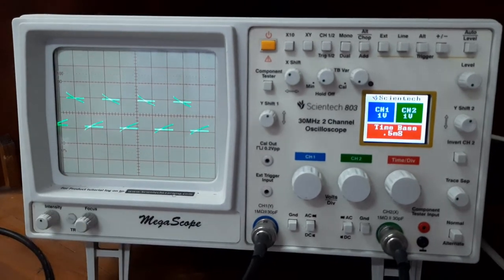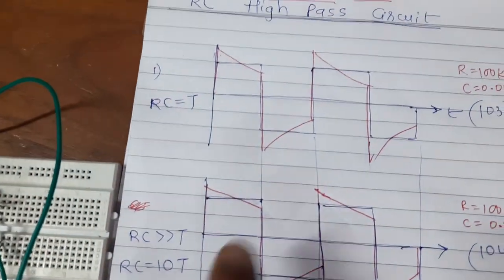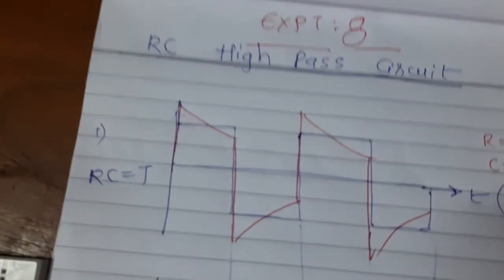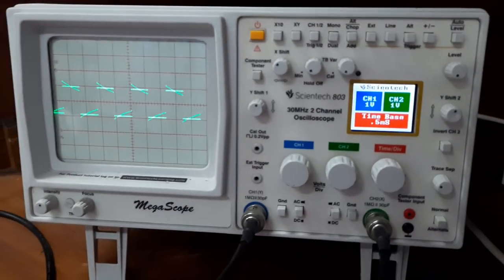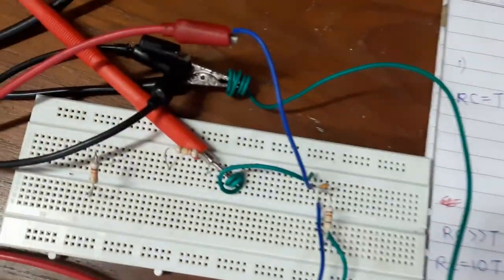If you see on the nodes, the waveforms on the nodes are exactly matching with the waveforms on the CRO. So in this particular condition, when RC is equal to T, it doesn't work as a differentiator.